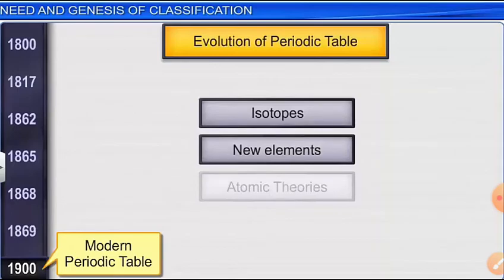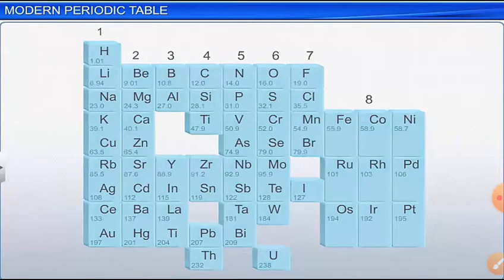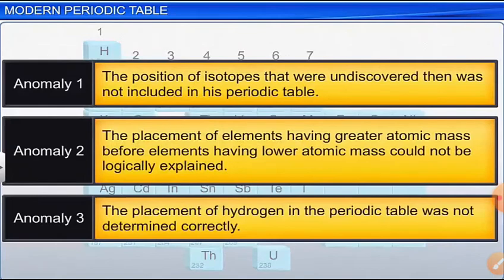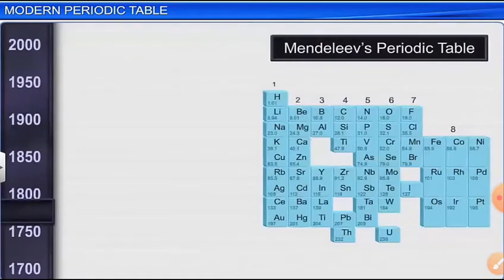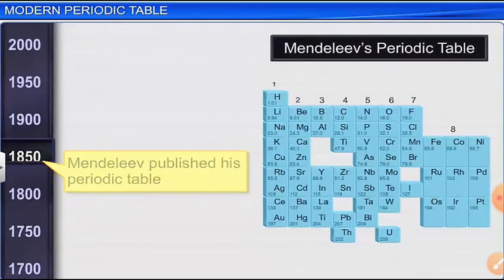But next, to overcome the drawbacks, we came to the next table called the modern periodic table. The modern periodic table is an advanced version which depends on atomic number.